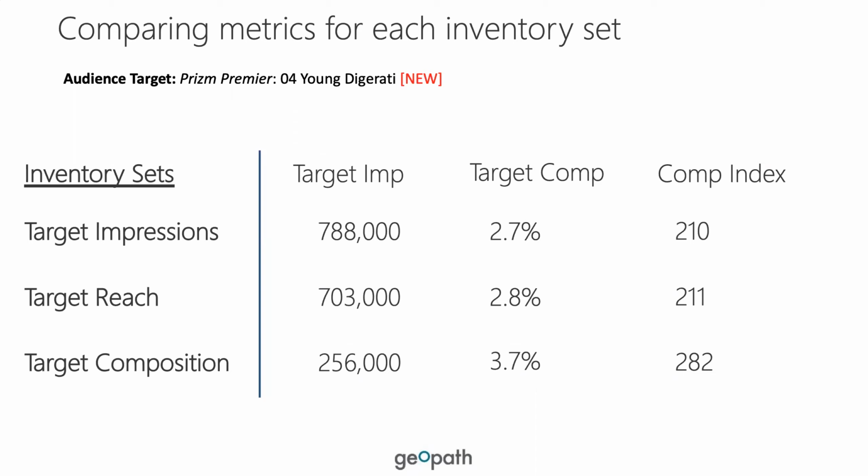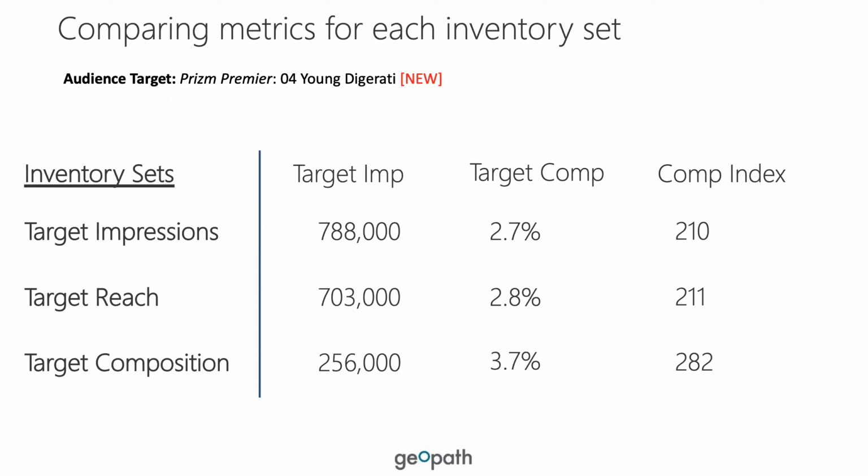Would it depend on the client? Working with a lot of our members and fielding questions that they have for us, I get the sense that some clients are TRP driven, some clients are reach driven, target impression driven.